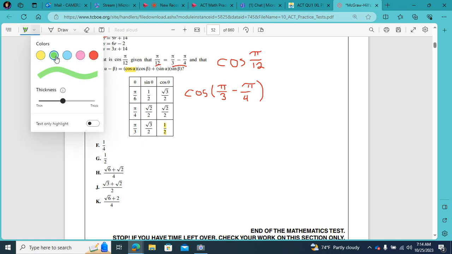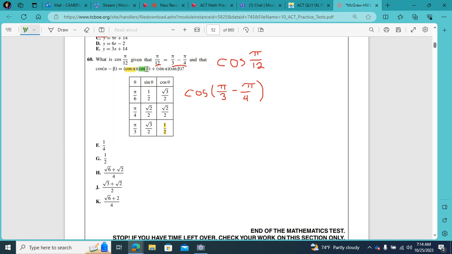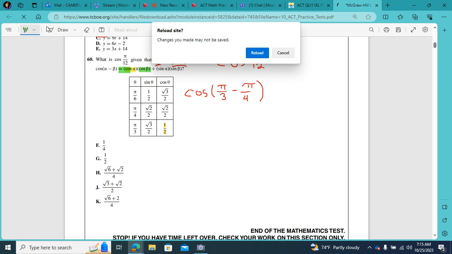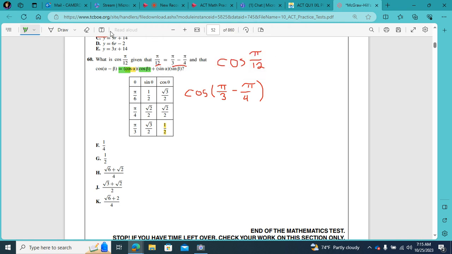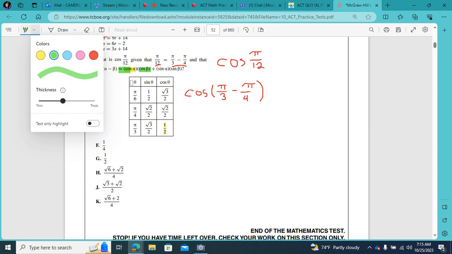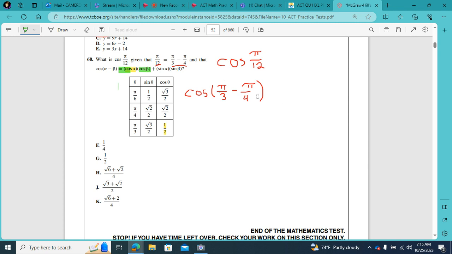Then, next color, cosine of beta, which beta is my pi over 4. So the cosine of pi over 4 is this square root of 2 over 2.